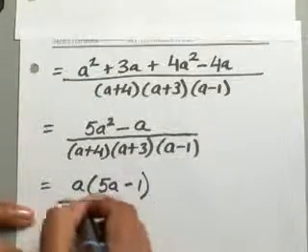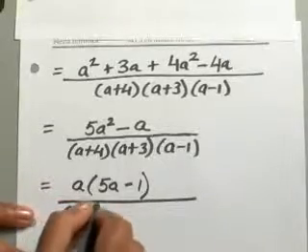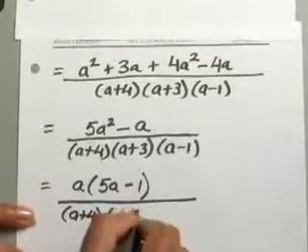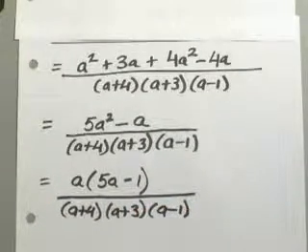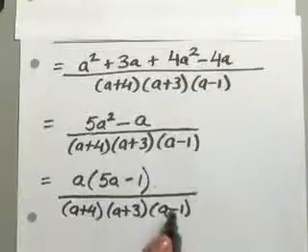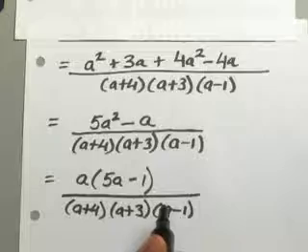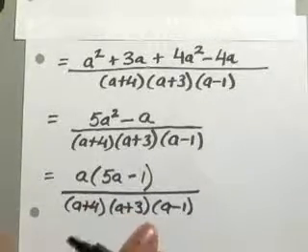So we can pull that a outside, and the denominator still stays the same, a plus 4, a plus 3, a minus 1. But once you put it in the factored form, you will notice that there is nothing common between the numerator and the denominator. So that tells us this is already in lowest terms and you cannot break it down any further.